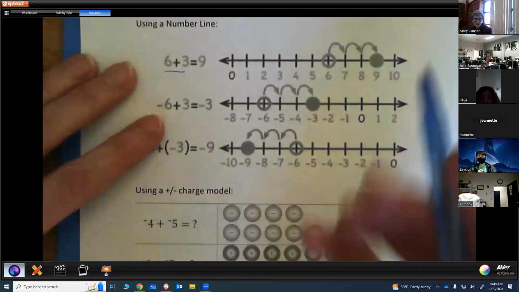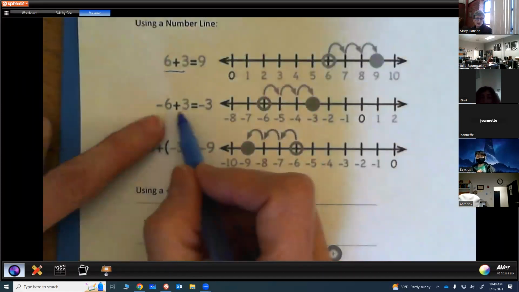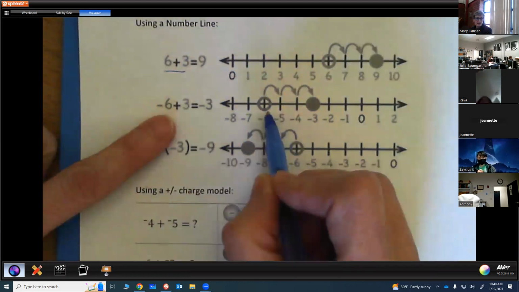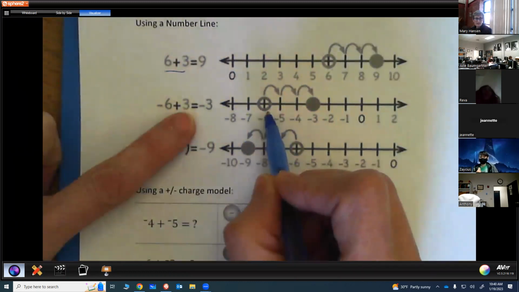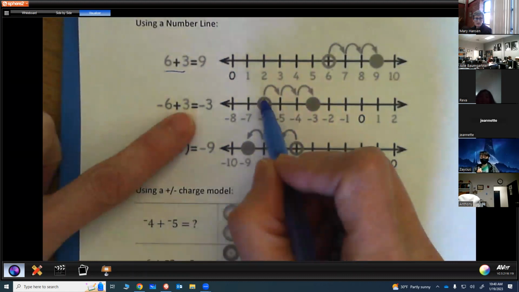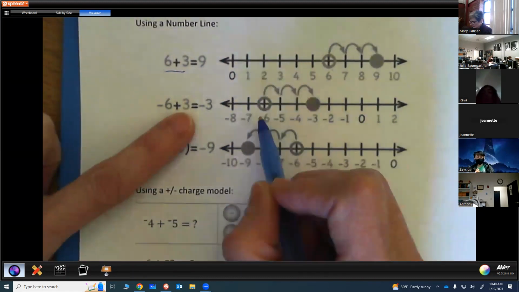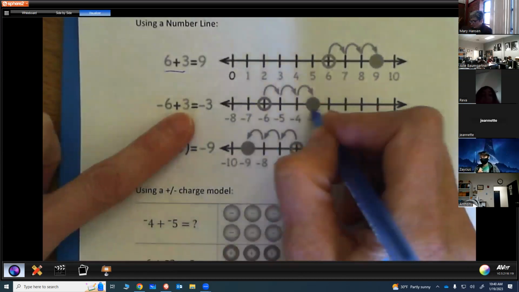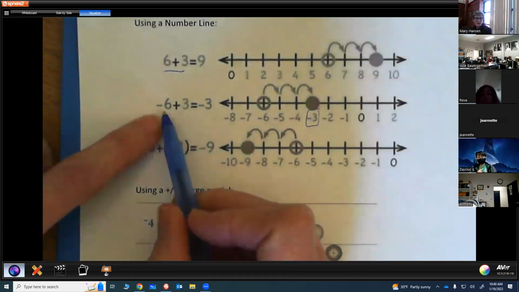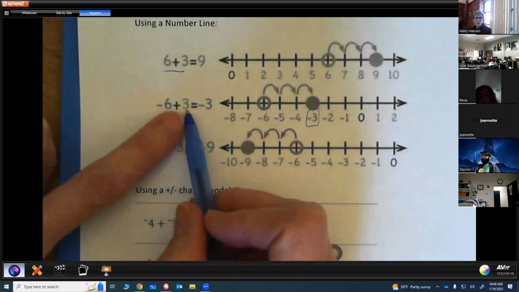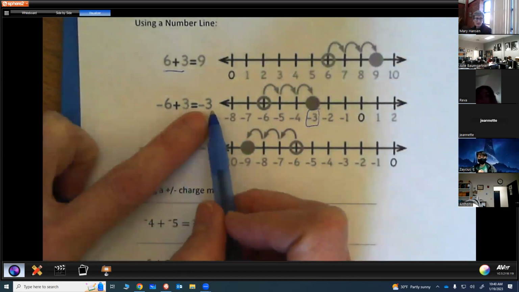So if we look at -6 plus 3, that means we start at -6. And since the 3 is positive, we move in the right direction, 3 units, and we get to -3. So if I start with -6 and I add 3, I travel 3 to the right, I will end up at -3.